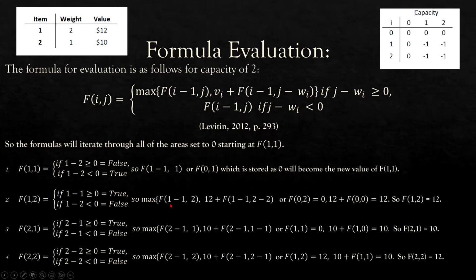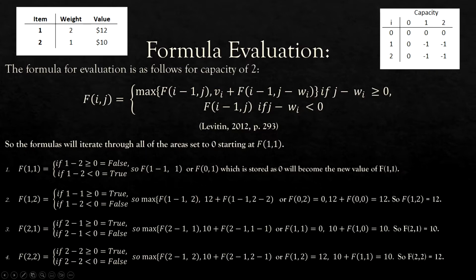And so we get f of 1 minus 1 comma 2, and then the second section, which is the value of item i, which is item 1, which is $12. We put in the 12 plus the f of 1 minus 1 and 2 minus 2, or f of 0, 2. So what we're looking for is the max between these two sections, this section here or this section here.